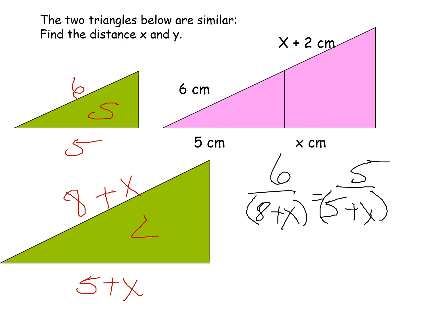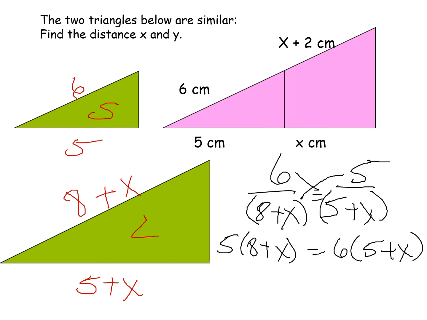You can't just say 5 times 8. It's 5 times the group, and 6 times its group. So it's got to be distributed on both sides. So 40 plus 5x equal to 30 plus 6x.